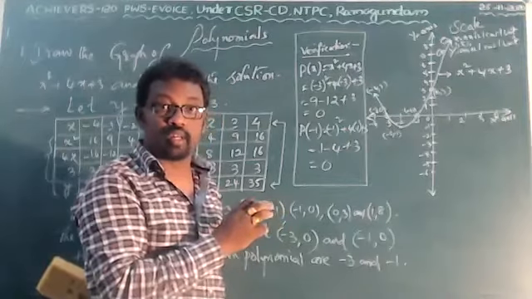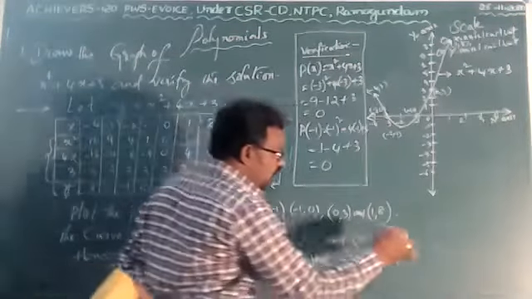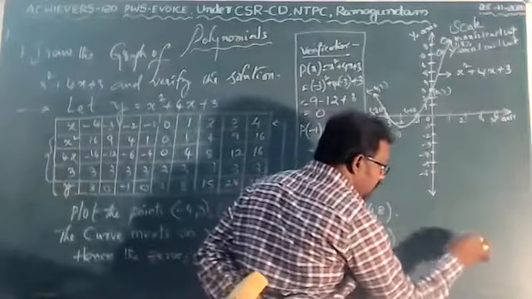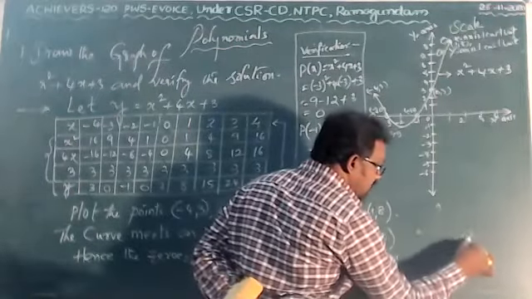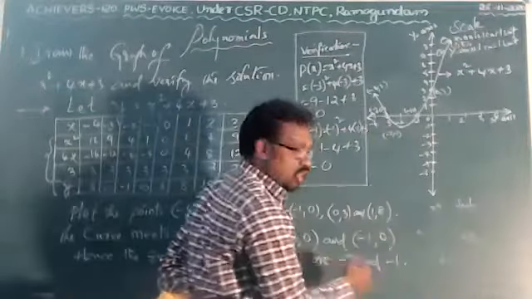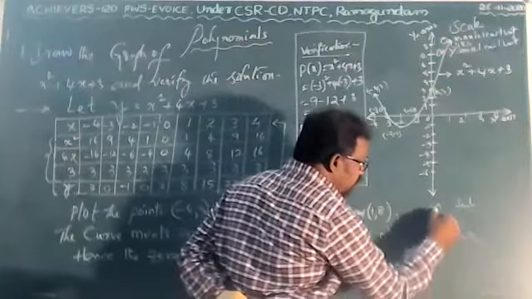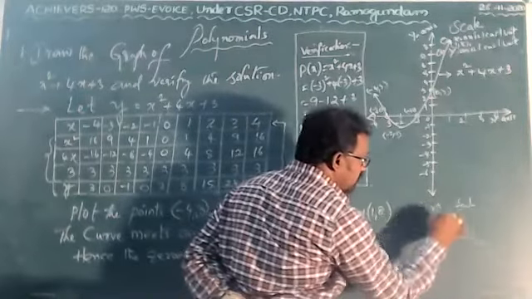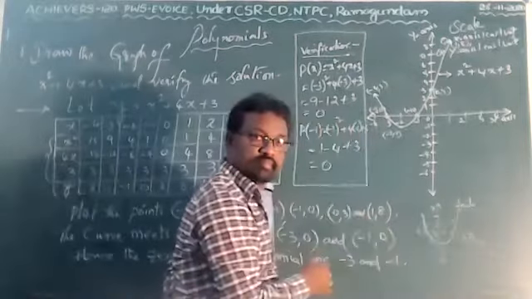Graph is most important. Whenever you draw horizontal and vertical lines, you have to take arrows. Next x-axis, y-axis, next scale, next 0, 1, 2, 3, 4, 5, 6. Next plotting, joining.